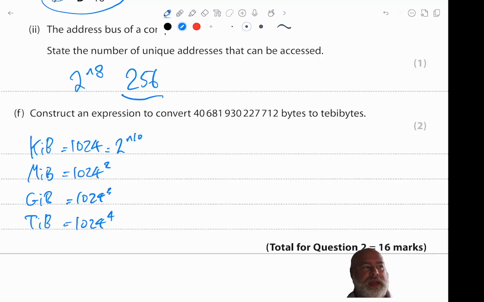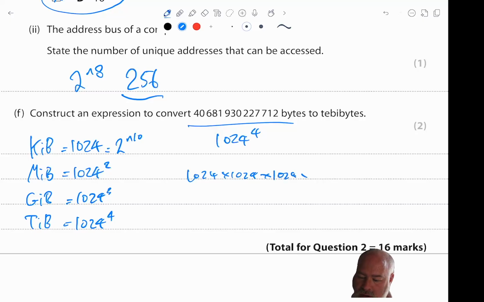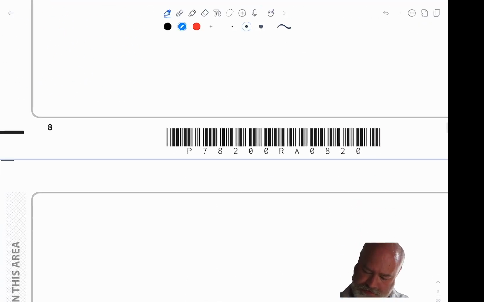That's the key here. So if you can remember that, then all you need to do is divide this by 1024 to the power 4. You can also write this as 1024 times 1024 times 1024 times 1024. It's the same thing, okay? Neater to put it to the power of the indices. Worth memorizing.